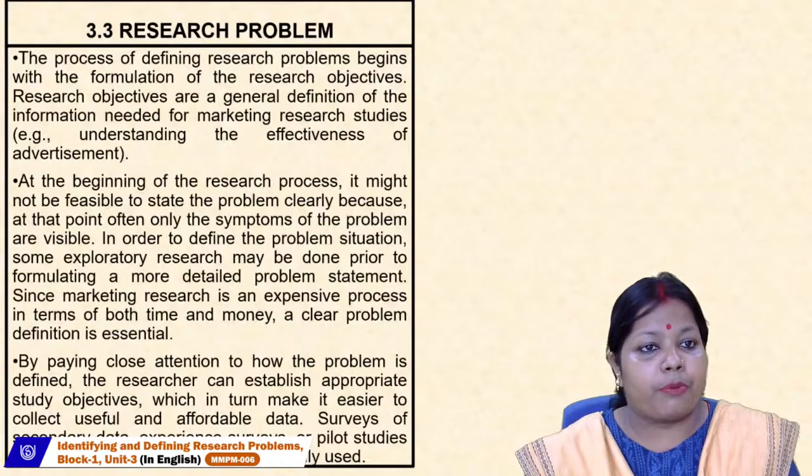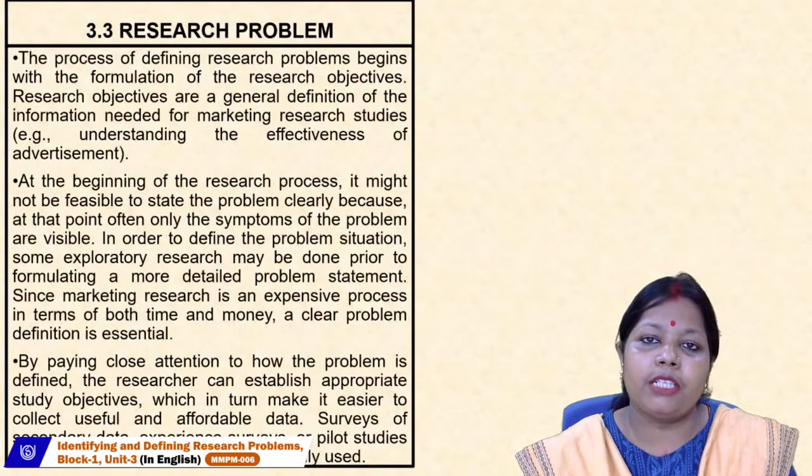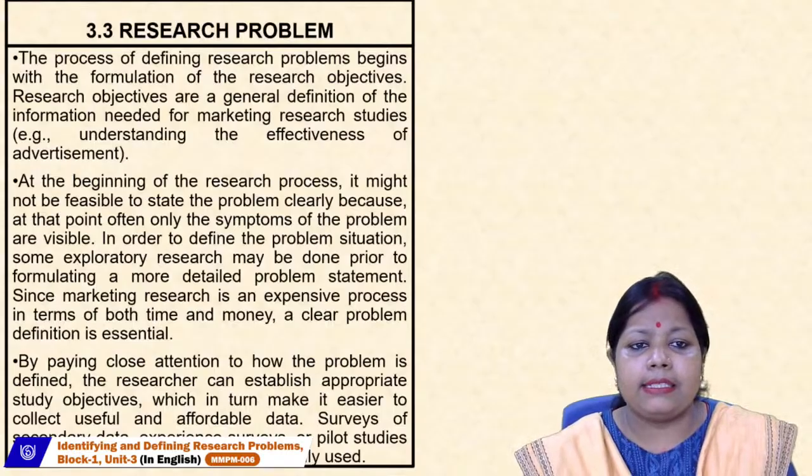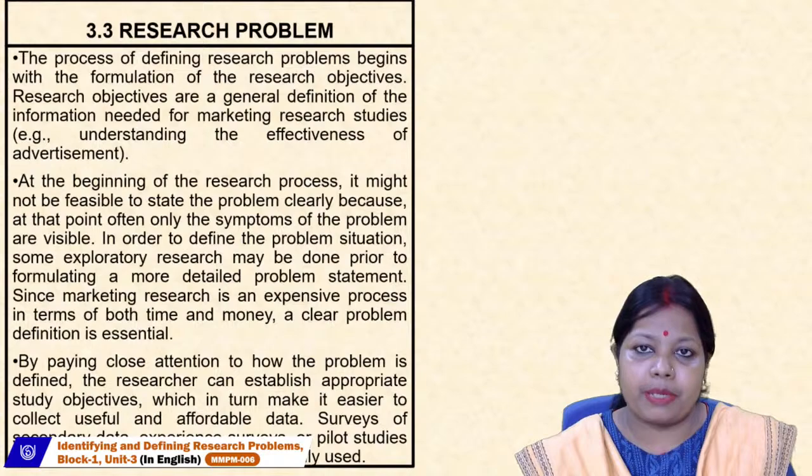The process of defining the research problem begins with the formulation of the research objectives. Research objectives are a general definition of the information needed for marketing research studies, that is, understanding the effectiveness of the advertisement.